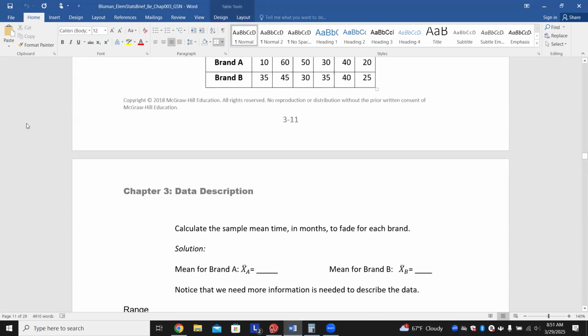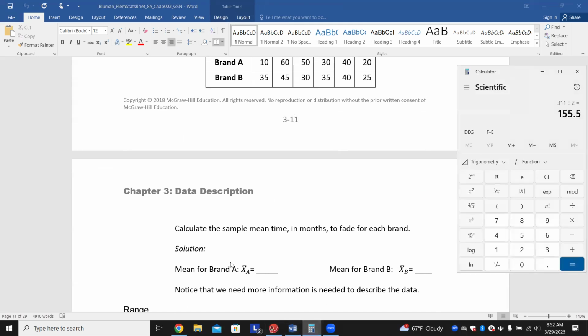Notice this is just a sample mean, so that's why it's a capital X, so make sure you keep note of that. So for brand A, that'd be 10 plus 60 plus 50 plus 30 plus 40 plus 20. We're going to divide that by 6 because there's 6 of them, and we get 35.